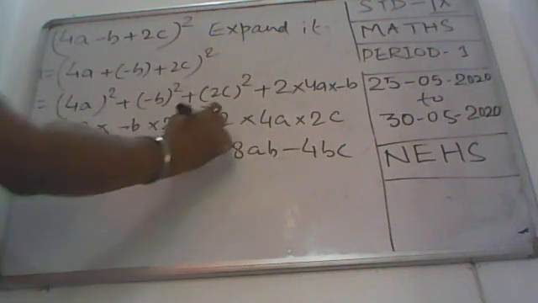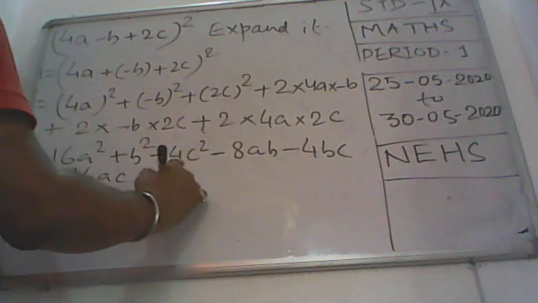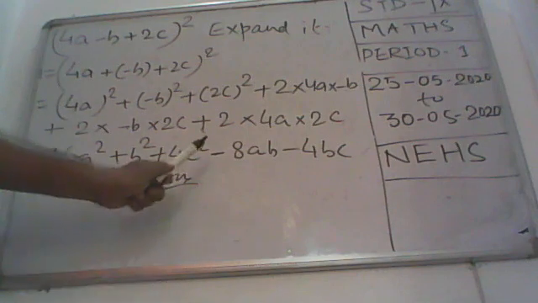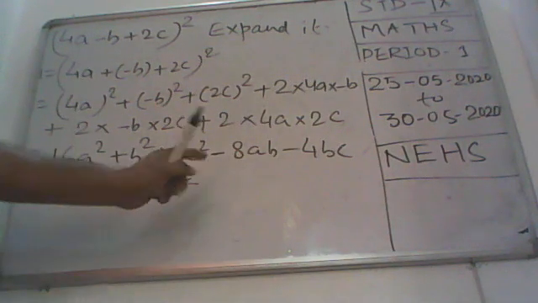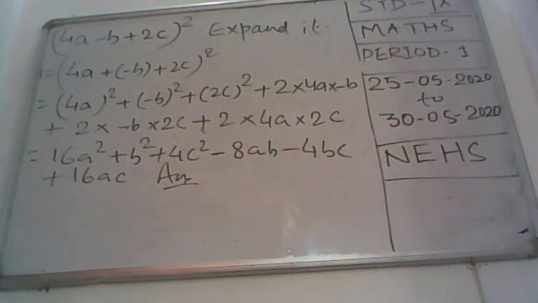So plus 2 into 4 into 2, 16ac. So this is your expansion of (4a minus b plus 2c) whole square. See, in our original formula everywhere it was plus only, but here we are getting two minus signs. Why? Because of the presence of b, which is a minus term here. So this is your expansion of squares of trinomials. Okay.